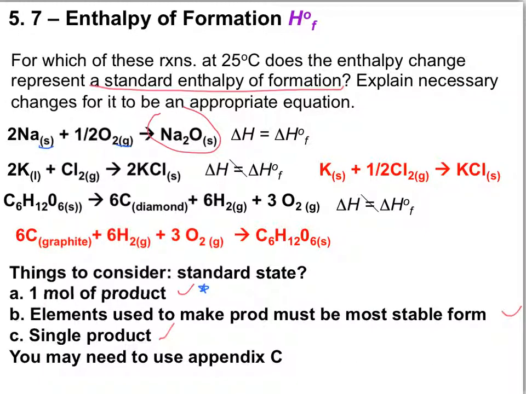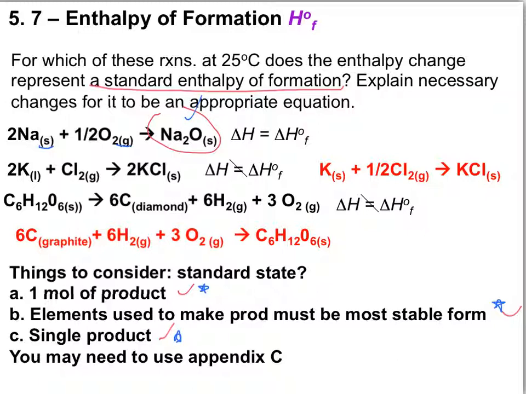Now, you may need to use the chart if you're not familiar with it. You would be able to see that they are in the most stable form based on the data from Appendix C. But in this situation, we have a good idea of what would be in standard state and what wouldn't. So our elements used to form the product are in the standard state, in their most stable form. And last but not least, we do have, in fact, a single product.